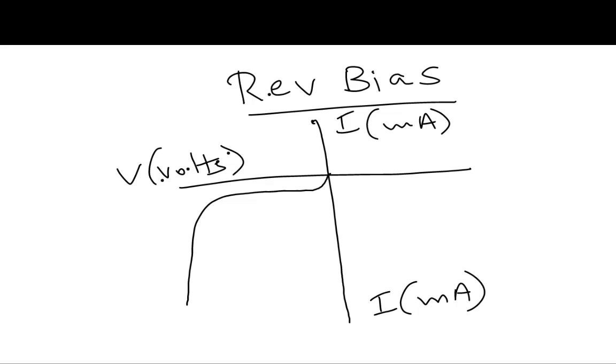Note that the graph here is plotted in the third quadrant. As in reverse bias, both the battery voltage and the conventional current, which is the minority current, are negative. So here this is negative and the current is also negative because it is reverse bias. The key thing to note is, unlike the forward bias condition, in reverse bias the minority carriers are very few in number and hence the current is very low.